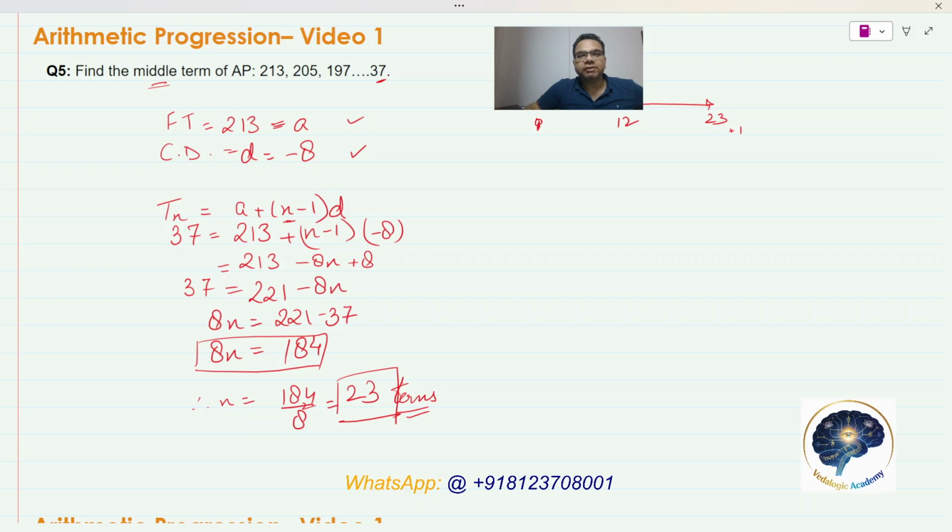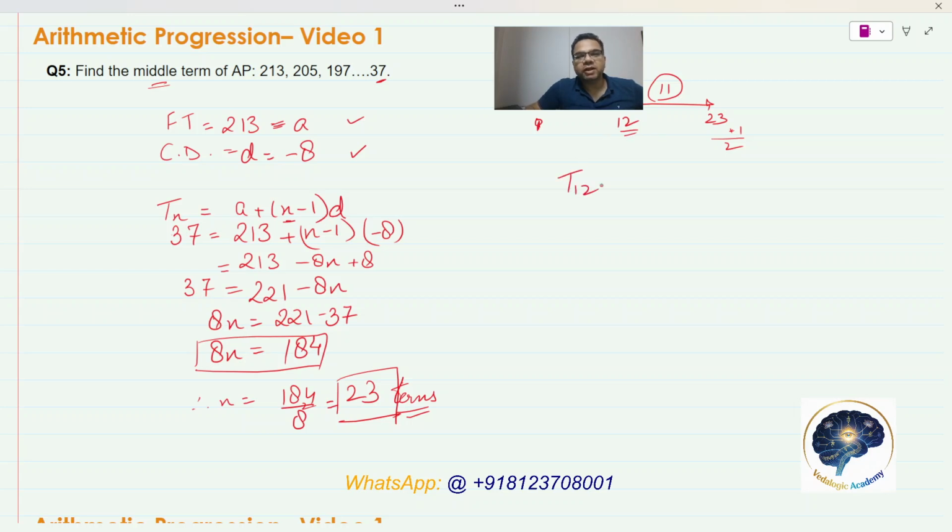If you see, on the left hand side I have 11 terms, and even on the right hand side I have 11 terms. I hope this is clear. I have just added 1 and halved the value, 23 plus 1 upon 2, to find 12. So now I know the middle term of the AP is the 12th term.